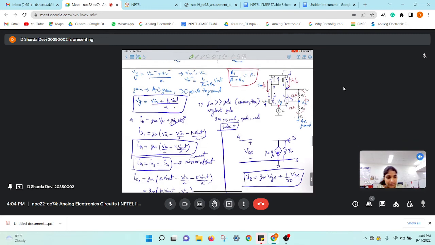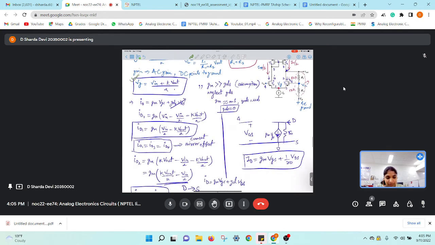And we found this Vy, the drain voltage for the tail source, to be Vin plus kV out by 2. This is basically the source terminal for both the NMOSes. That's why this point is important, because our universal current equation is Gm VGS, so we need the voltage at S. So first we found out this Vy, which will act as the source voltage for both the NMOSes.